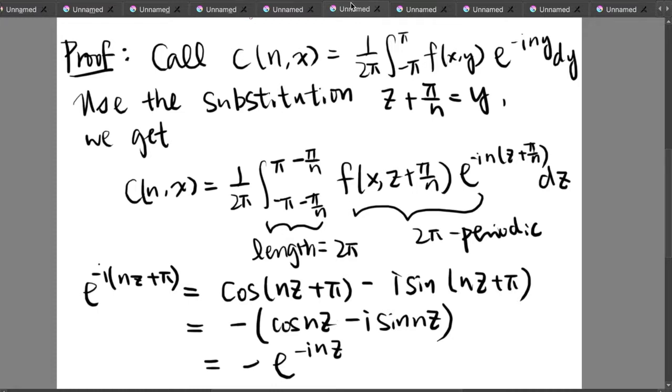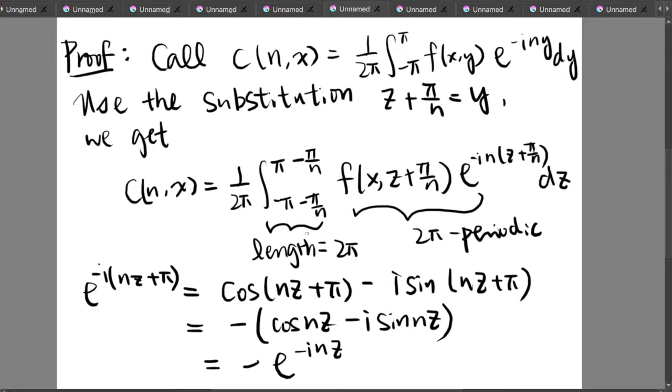So let's use the substitution z plus pi over n equal to y. So we get that Cn(x) is equal to 1 over 2 pi times the integral from negative pi minus pi over n up to pi minus pi over n of f(x, z plus pi over n) e to the negative in(z plus pi over n).